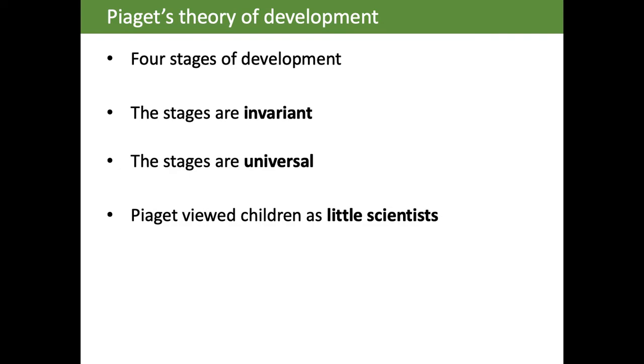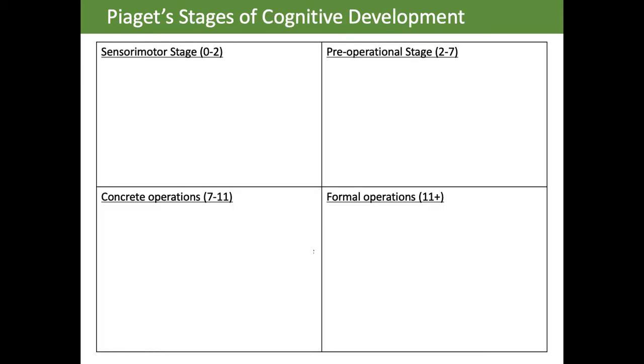You're born with the right kind of processes that mean that you're going to move through all 4 stages. Piaget also said that children were little scientists, and in order to move through these stages, they interacted with the world, tested things out, and then moved on by updating or creating new schemas.